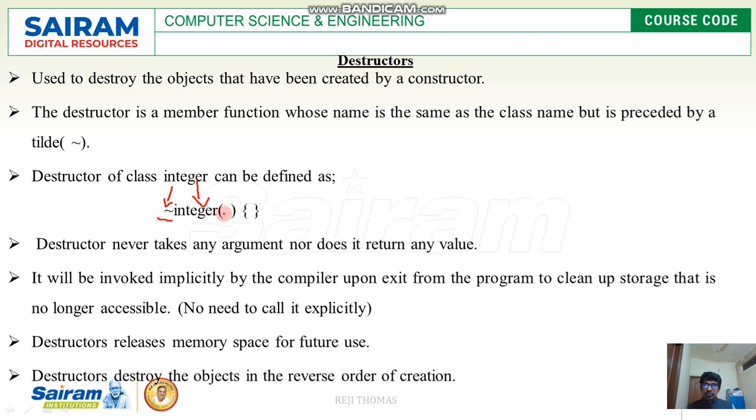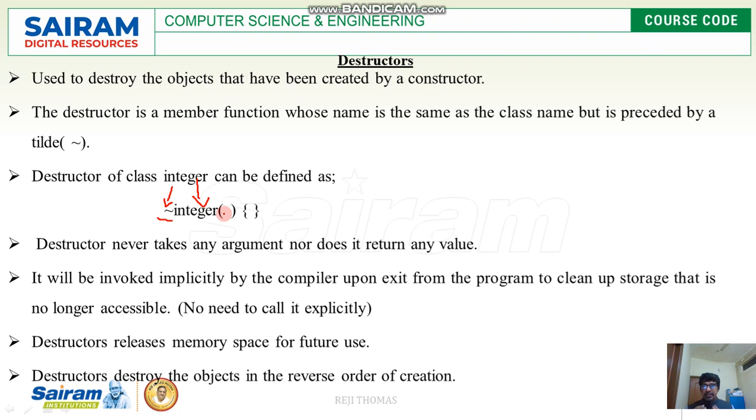And please do remember, the destructor never takes any argument and it does not return any value. Whereas a constructor takes parameters, which it may or may not take. But a destructor is very clear: it will never take parameters and it does not return any value.